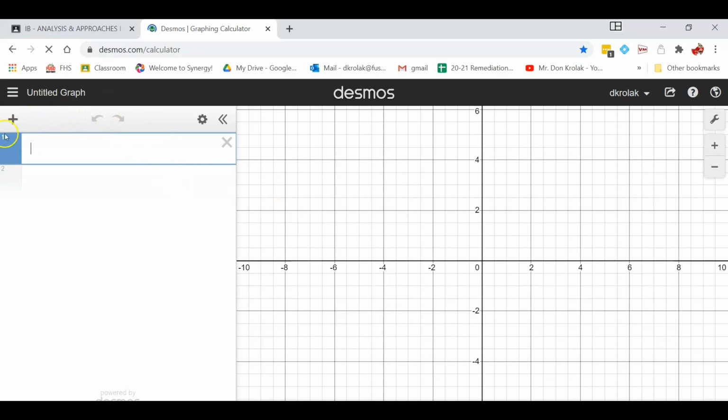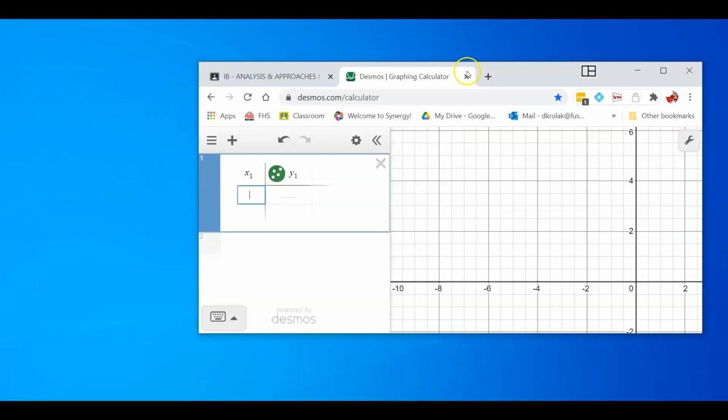So up here, you're going to go to the plus sign, and we're going to add a table. And you're going to type in the same information you did.